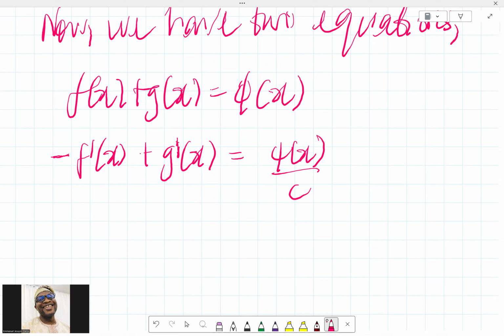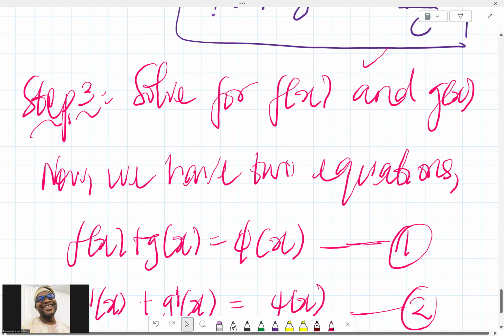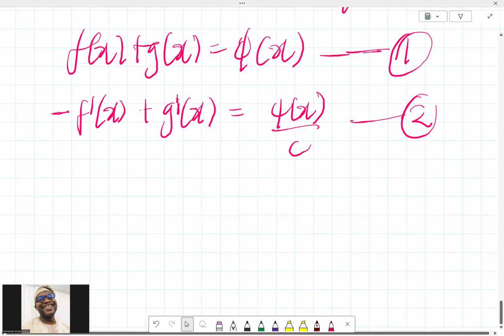What we can then do is integrate. Let me label it my own way: call this equation one and call this equation two. What we want to do is solve for f of x and g of x. One way to handle this is already f of x plus g of x equals phi of x.